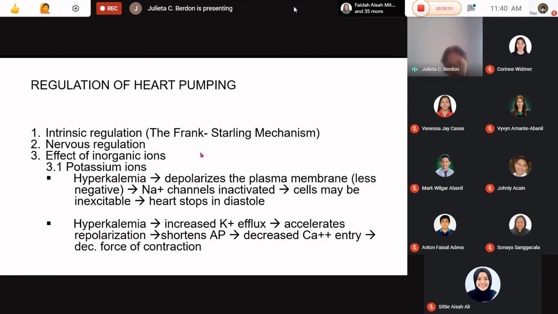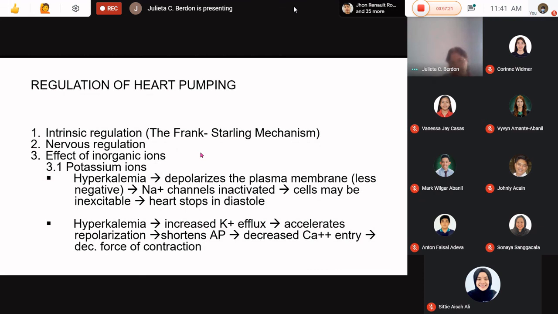This is determined by your end diastolic volume, right? End diastolic volume is the amount of blood in the heart just before it contracts. If there is more, your muscles are stretched more. And when your muscle fibers are stretched, you expose more myosin, and also more actin and myosin will be sliding.